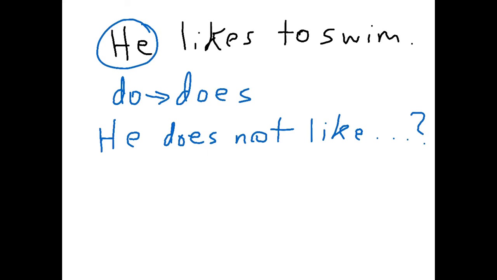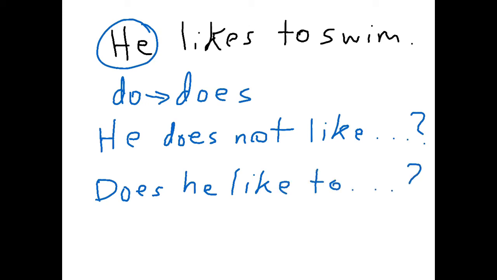And the question will be, does he like to swim? So I think this covers it. I hope this review will help you in conjugating your verbs in the simple present.